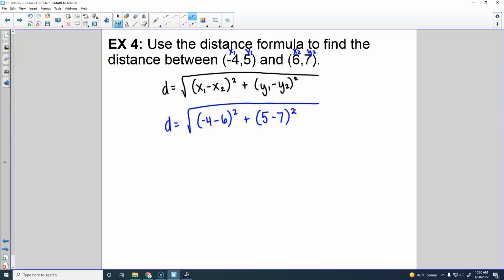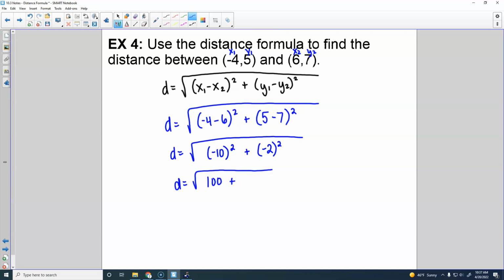I would discourage you from doing that, because if you do, most students usually mess up their parentheses and it turns out badly. I like to go ahead and do this. So -4 minus 6 is -10. And then 5 minus 7 is -2. I like to get it down to at least here. But most of the time, I'll just go ahead and do 100 plus 4.